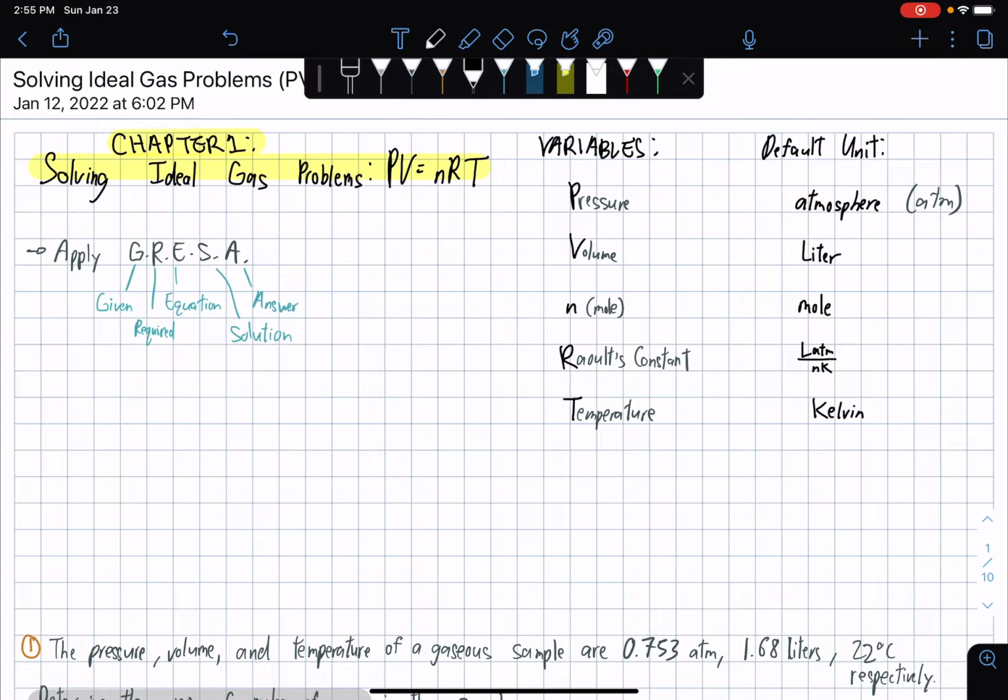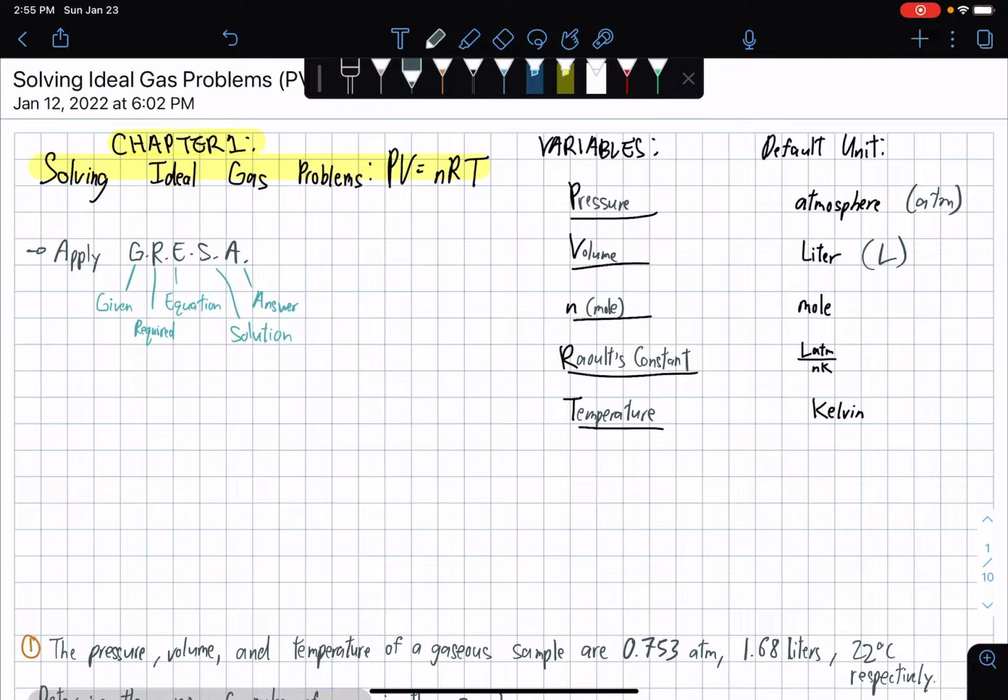Now you have to recall, by the way, the variables. Let's dissect the formula into pieces. We have pressure, volume, mole, the gas constant R, and temperature. Altogether, PV is equal to nRT. So we have to acknowledge that the default unit for pressure is atmosphere, or abbreviated as ATM. For volume, our default unit is liter.